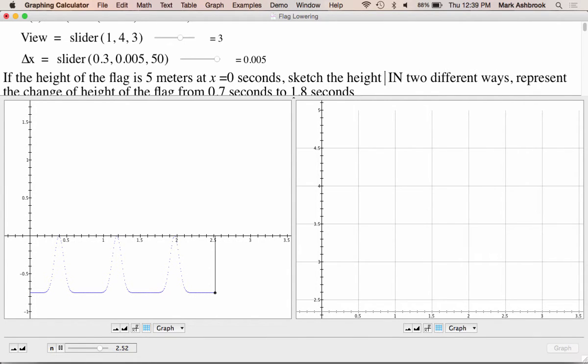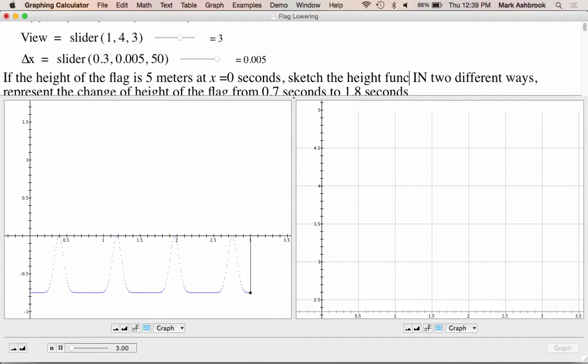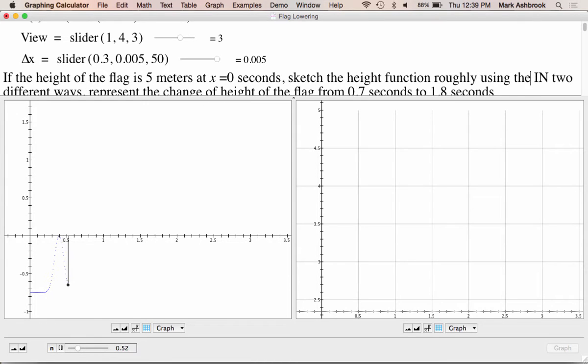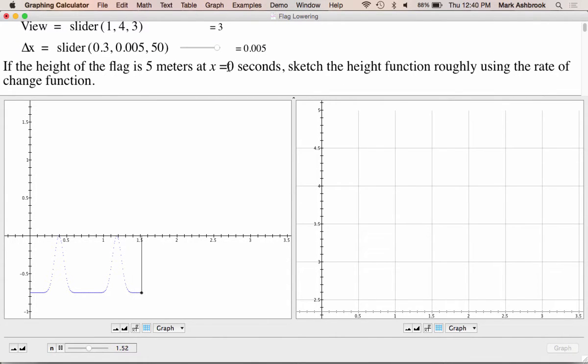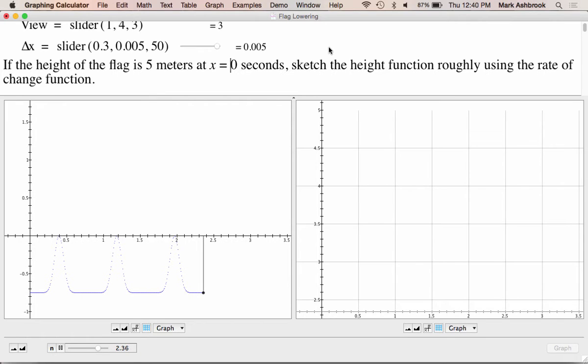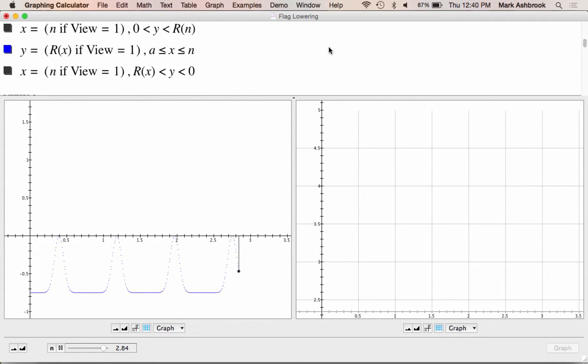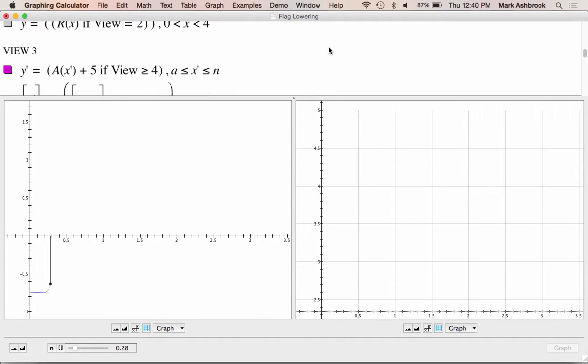Sketch the height function, roughly using the rate of change function. Go. That's your task. Yep, 5.